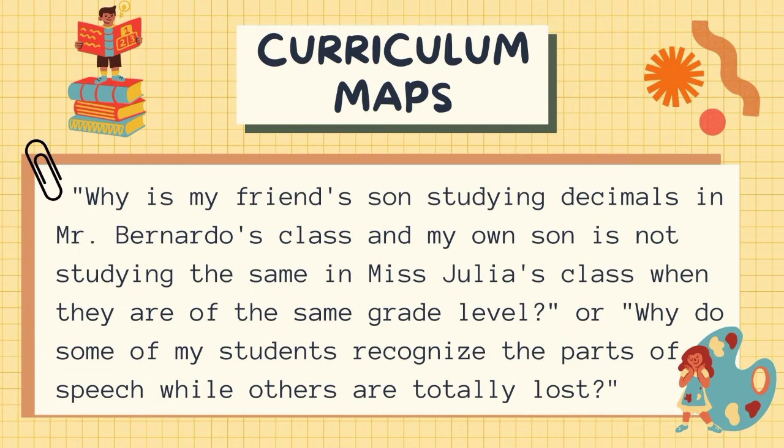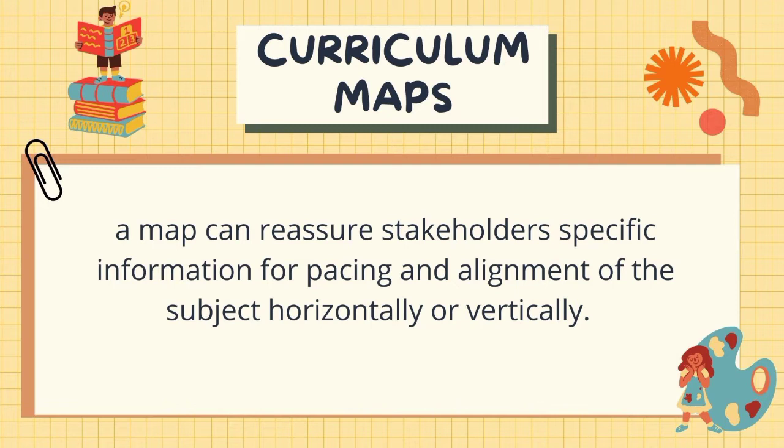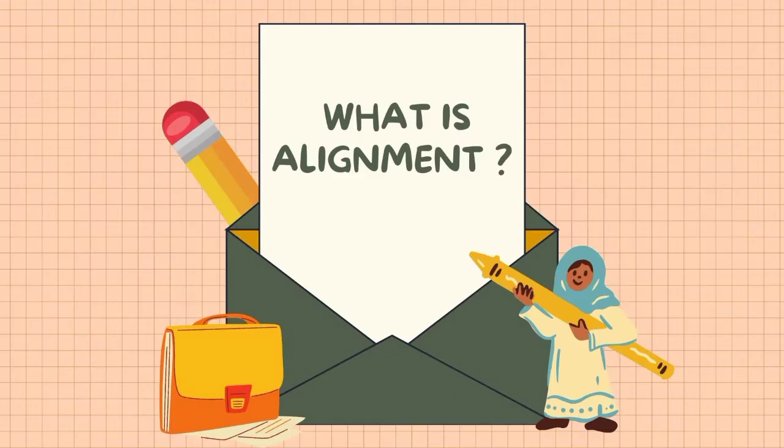Parents, teachers, and the whole educational community can look at the curriculum map to see that intended outcomes and content are covered. A map can reassure stakeholders with specific information for pacing and alignment of the subject horizontally or vertically. What is alignment?